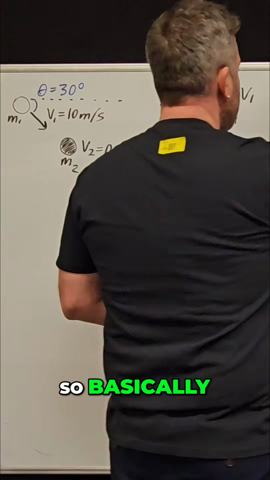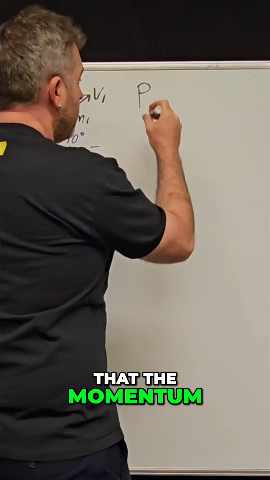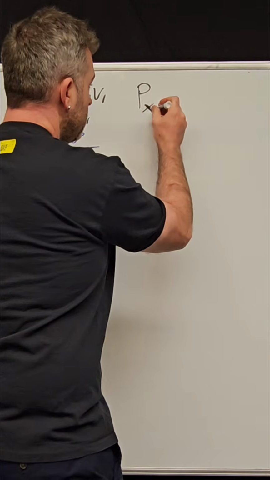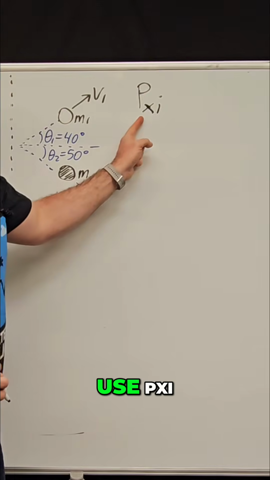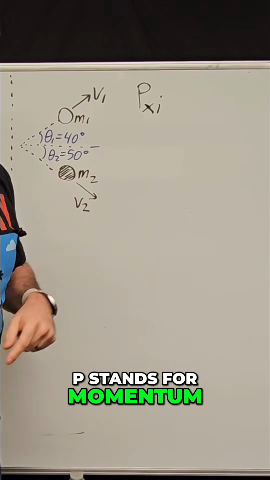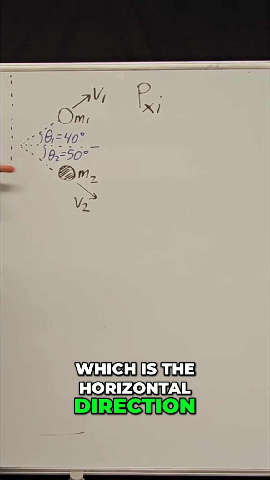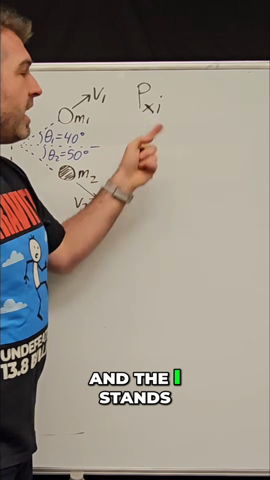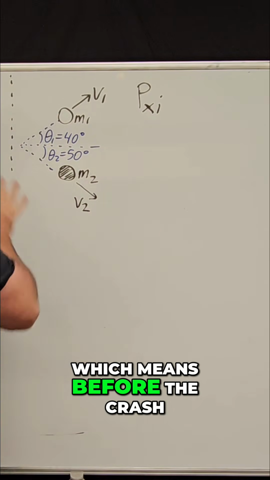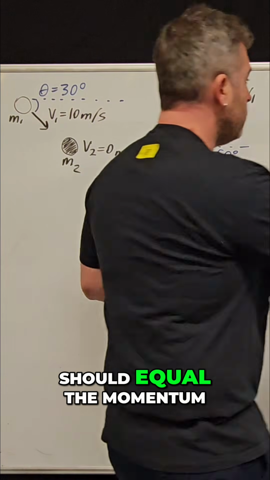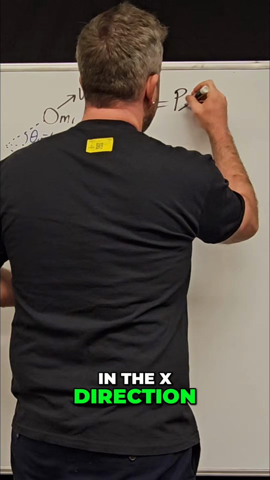So basically, we have this, that the momentum in the x direction initially, so I'm going to use pxi. P stands for momentum. X means we're talking about the x direction, which is the horizontal direction, left and right on my board. And the I stands for initial, which means before the crash, should equal the momentum in the x direction.